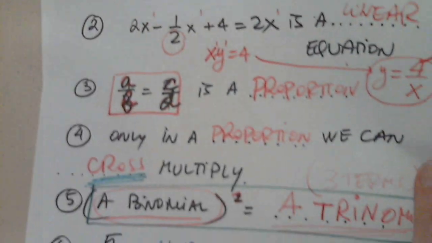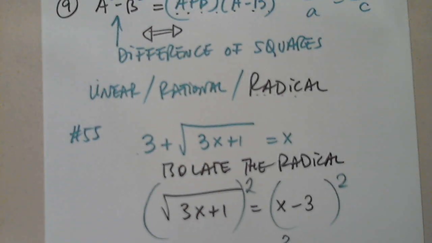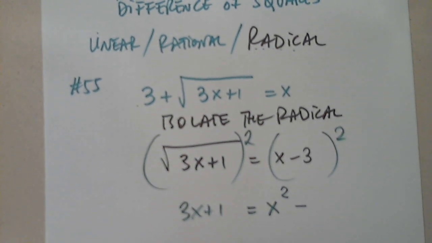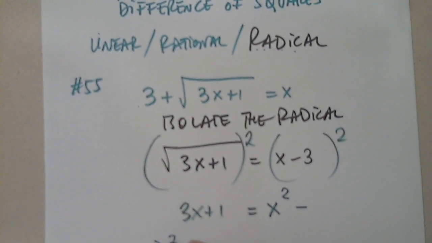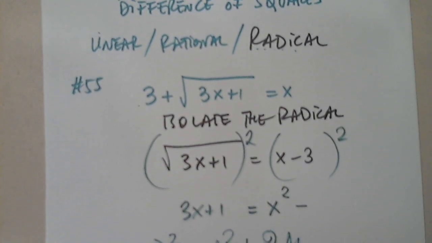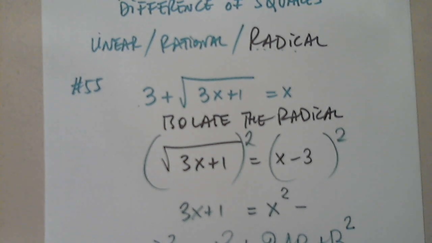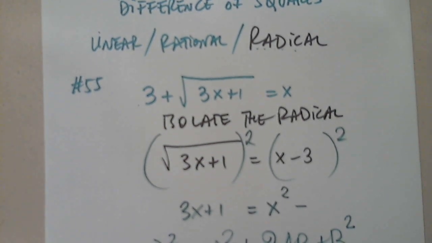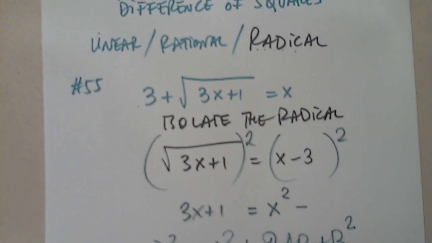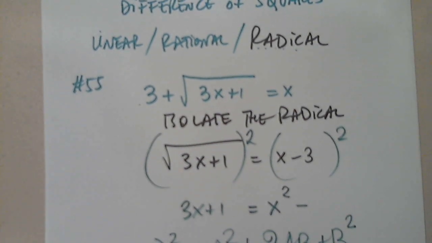So let's put the formula in. Let me put it here. A plus b, everything squared, is a squared plus twice ab plus b squared. If we have minus, it's the same thing. It's just a sign change on the second term.